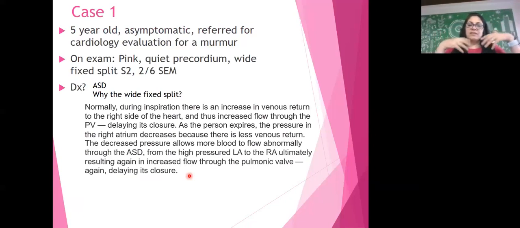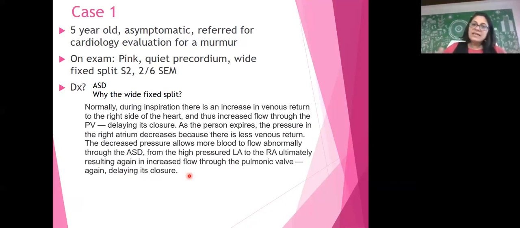Now, when the person expires, breathes out, your intrathoracic pressure goes up, the pressure in the right atrium goes down, there's less venous return, right? So normally your split will narrow in expiration because you've not got so much flow going across it. But when you have an ASD, all that LA to RA shunting is still going on, even in expiration.